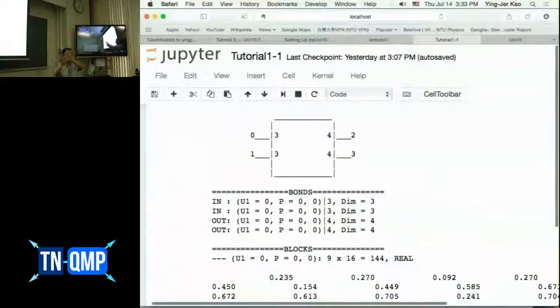In the contraction, you can say, okay, I want to fold one leg to the out leg, so I can do the next operation. So it's possible, but if you don't assign anything, all the legs remain in their original order.